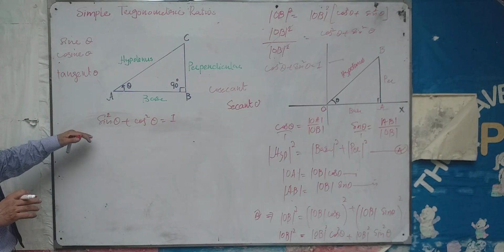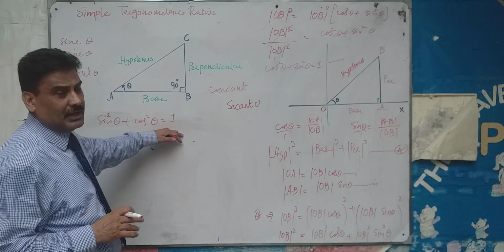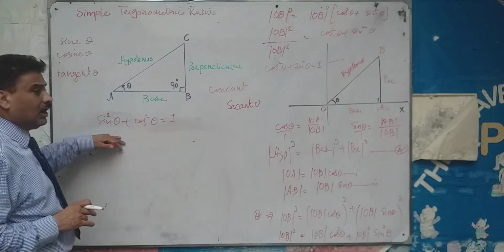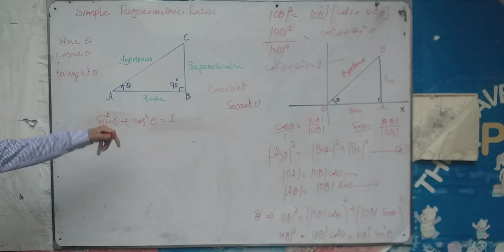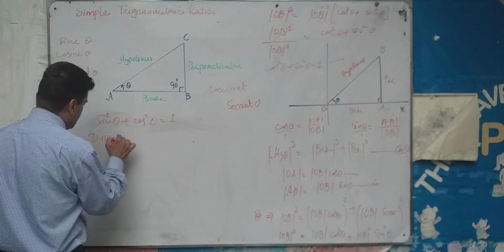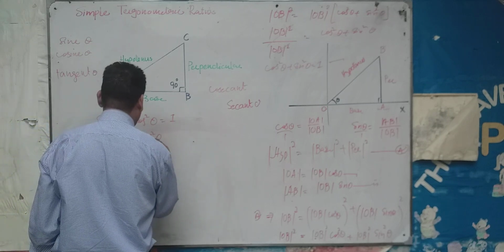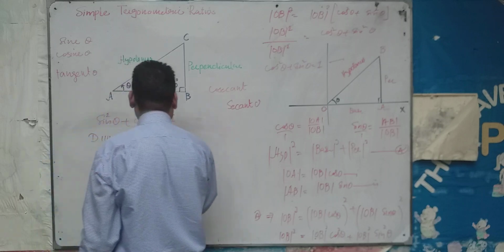For example, we divide this identity by cos squared theta on both sides.